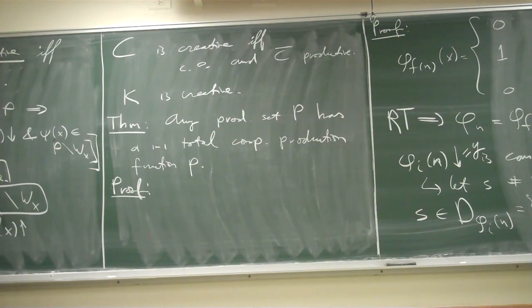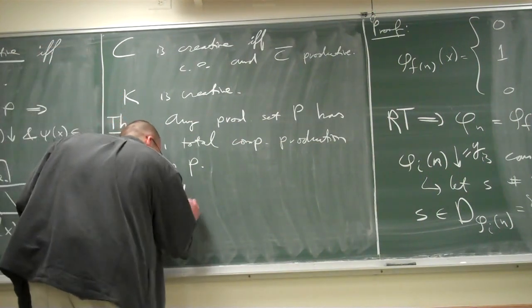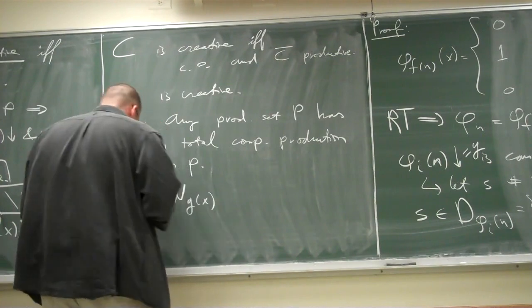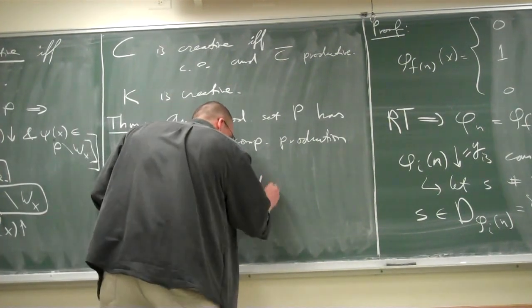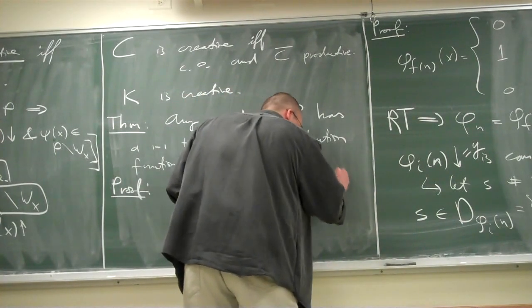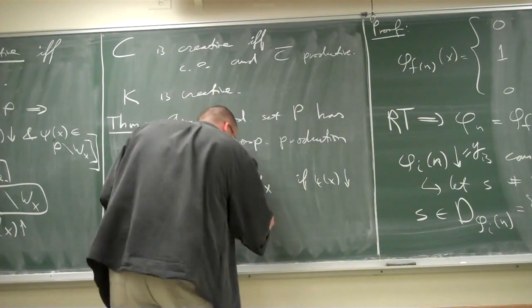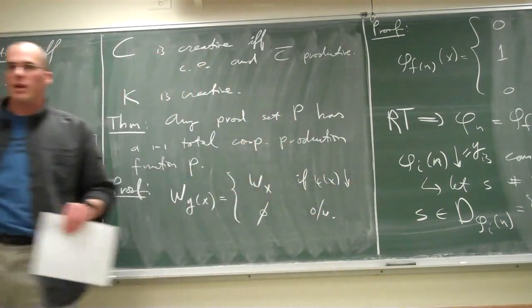And so what is the only problem? Well, the only problem is that if Wx is not a subset of P, our function doesn't have to converge. And so we need a trick to deal with that. The trick is to define W of g of x equal to Wx if psi of x converges and empty otherwise.